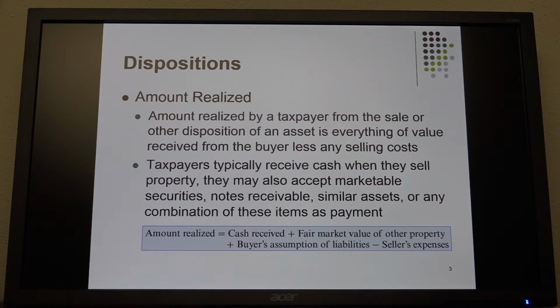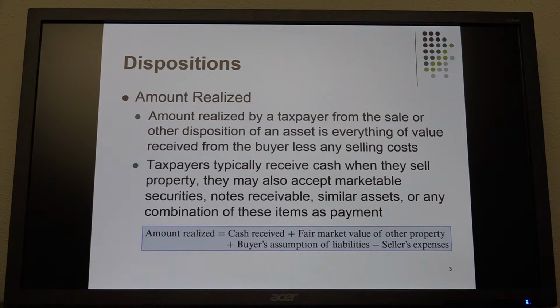Just makes common sense. Now, not every deal, even if it's arm's length, is always fair, but at least in theory, that would be your ideal transaction. Well, what has happened there where the buyer has assumed a liability?